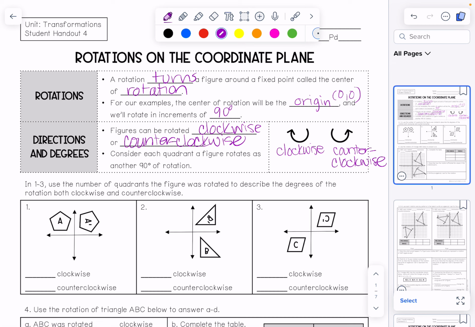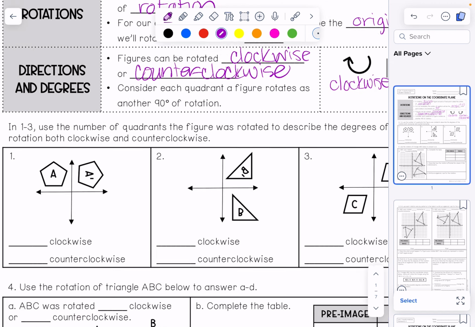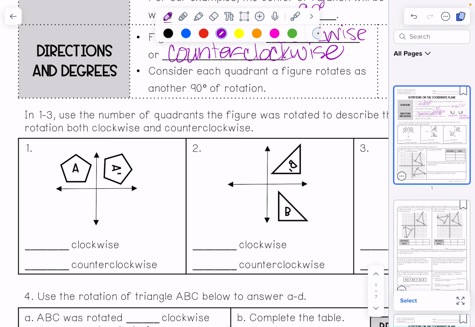And consider each quadrant that a figure rotates as another 90 degrees of rotation, okay? So what we're going to do first is look at some examples of a general figure being rotated and talk about what the rotations are, okay?